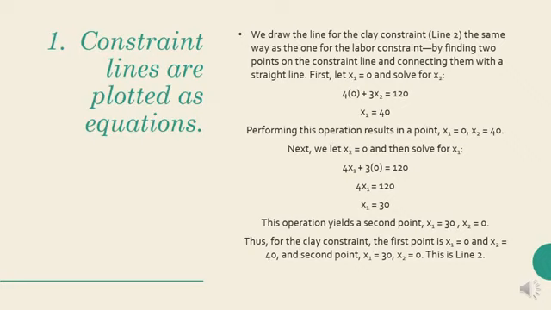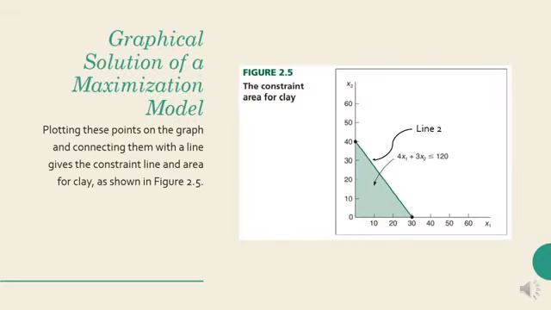Okay, so meron na tayong line 1 at saka line 2. Okay, yan yung line 2. So, plotting these points on the graph and connecting them with a line gives the constraint line and area for clay as shown in figure 2.5.